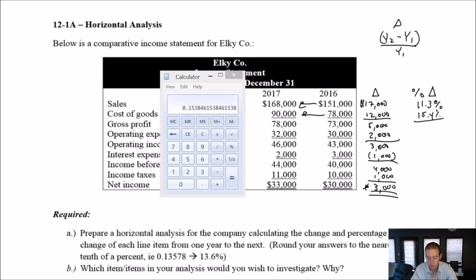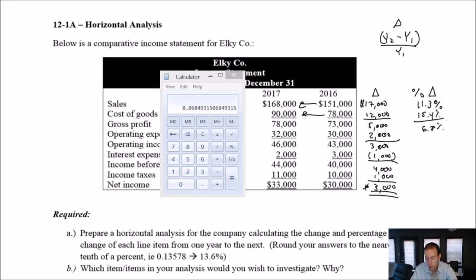So again, the change is 5 grand divided by 73 grand. So 5 grand was the change divided by the earlier year, 73, and it's 6.8%, about 7%. So again, my sales grew by 11%, but my gross profit only grew by about 7%.